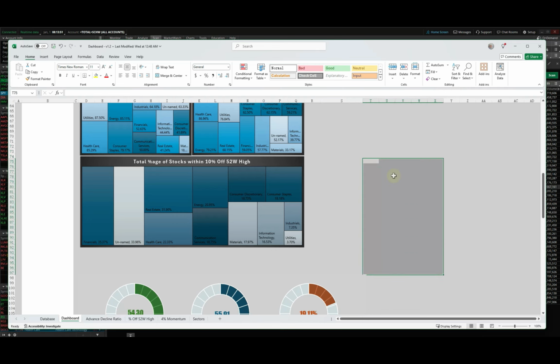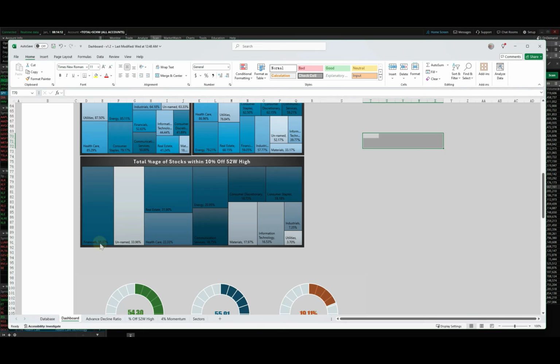Second, we have real estate and healthcare, but only very small numbers: 35%, 31%, 22%. So these are also not very strong.